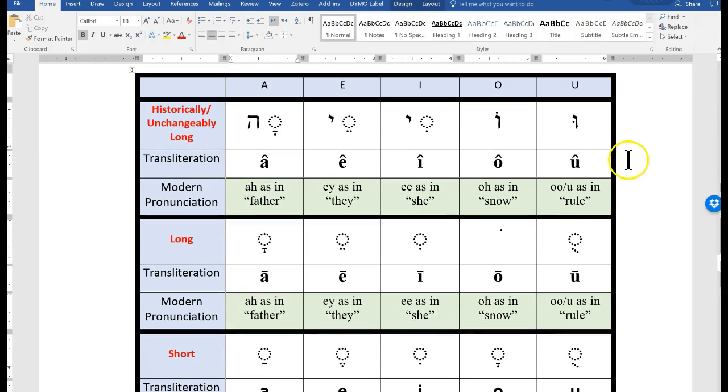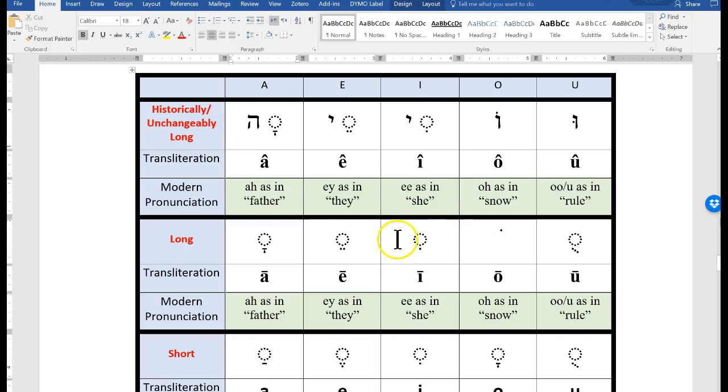So what I'm looking for you to be able to write is the historically long vowels: Qamets Hey, Tsere Yod, Hireq Yod, Holam Vav, and Shureq, then the long vowels Qamets, Tsere. Don't worry about the long Hireq.